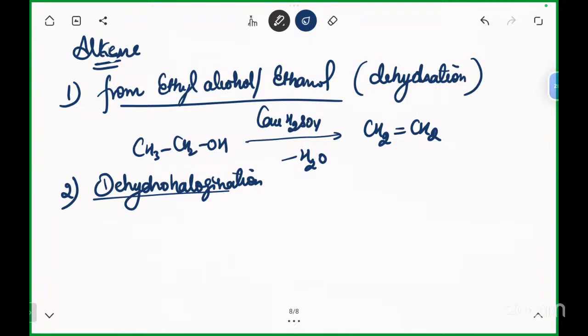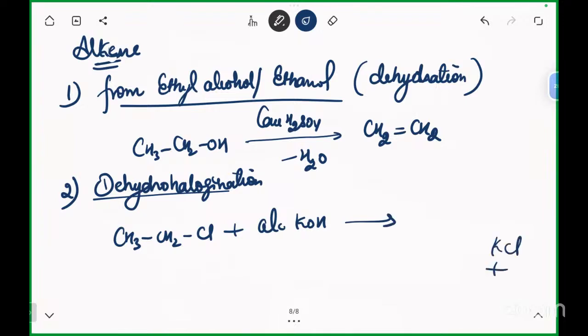See, I'm taking the example CH3, CH2, Cl. When it reacts with alcoholic KOH, the K will take Cl and give out KCl, and the OH will take a hydrogen to form a water molecule, and it forms CH2 double bond CH2. So the formation of ethene is quite important in this case.